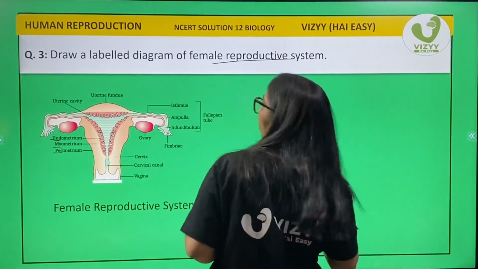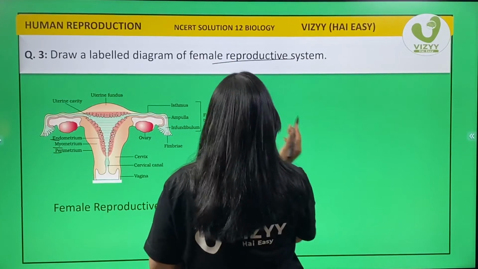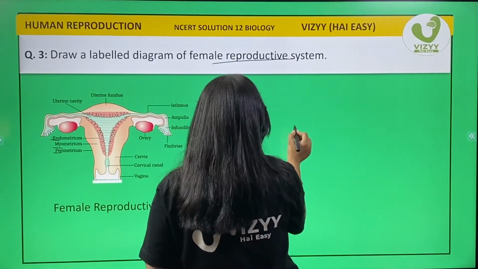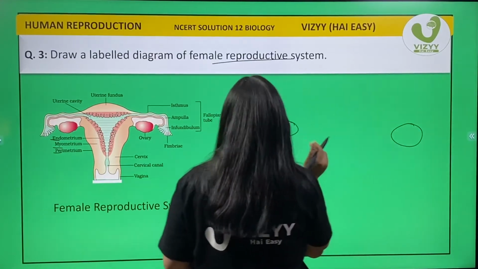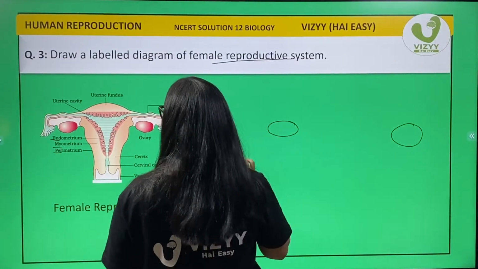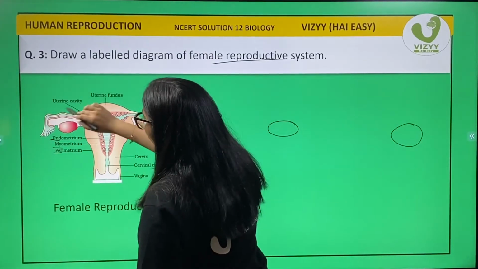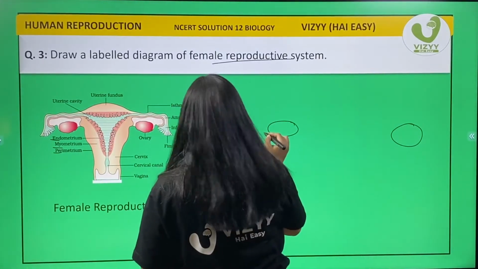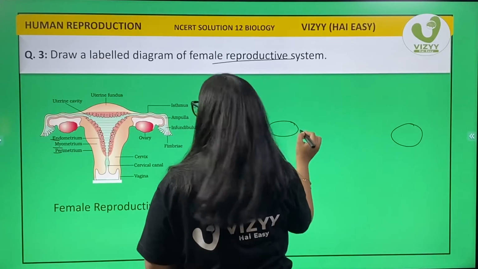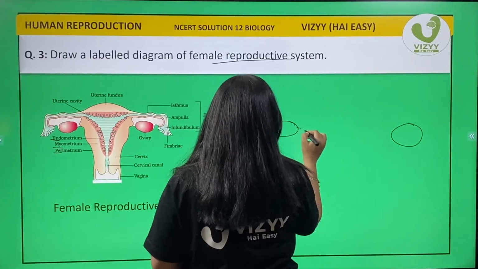diagram. Okay, so let's start by placing 2 ovaries. This is 1 and this is 2. Okay, now let's make the outer covering. So it's something like this.